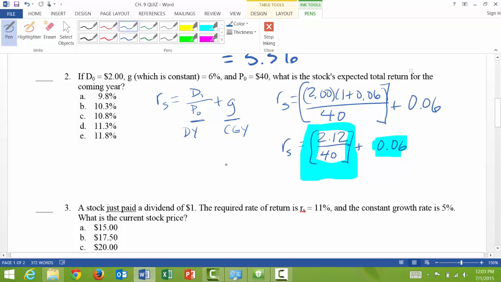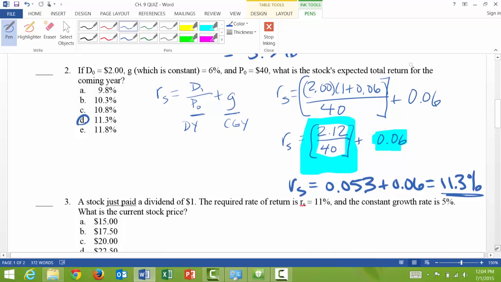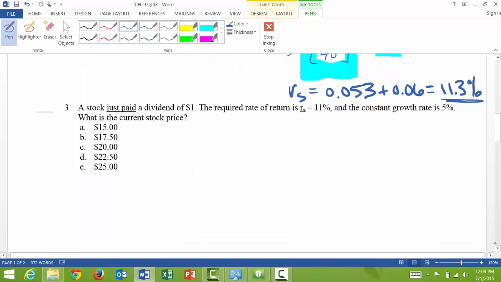And so my final answer over here will be that I get Rs is equal to 0.053 plus 0.06, which is equal to, if we put it in percentage form, 11.3%. And that's answer D.